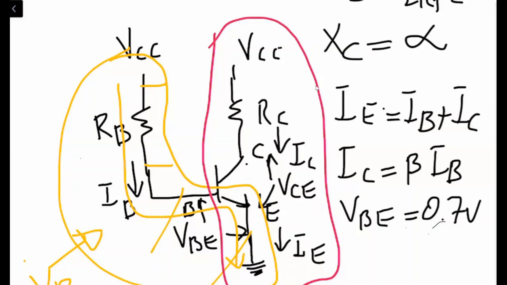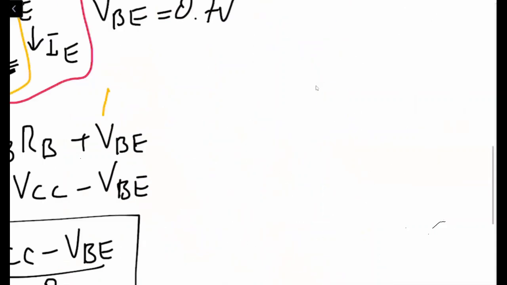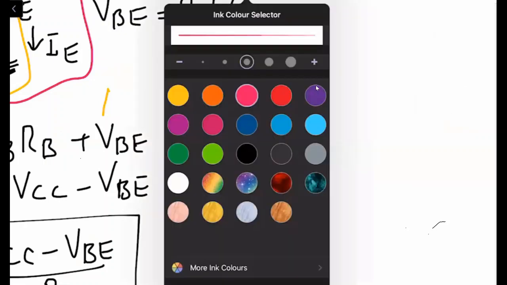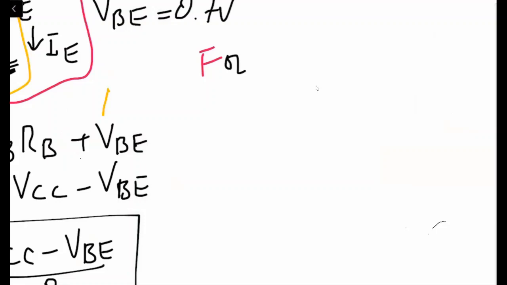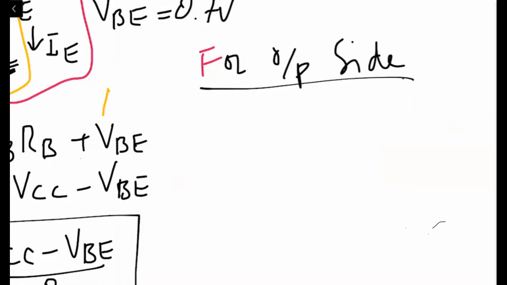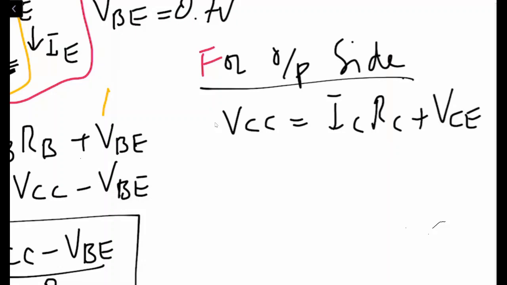This means that for the output side, applying KVL, we are going to get VCC is equal to ICRC plus the drop between the collector emitter junction, which is VCE, right?